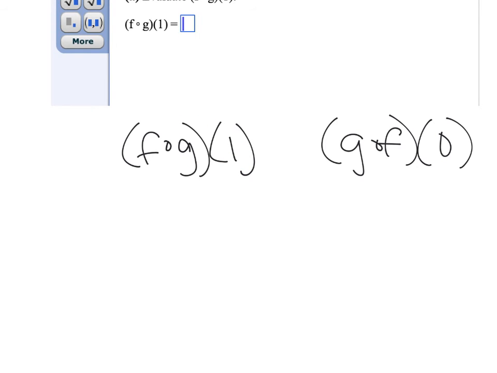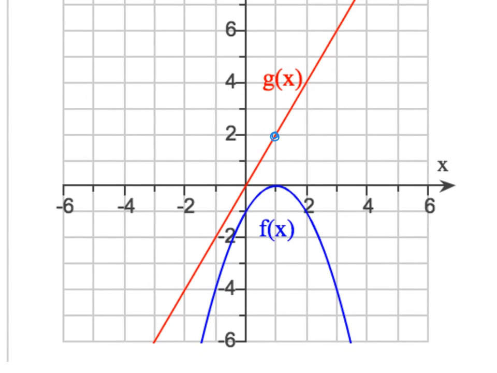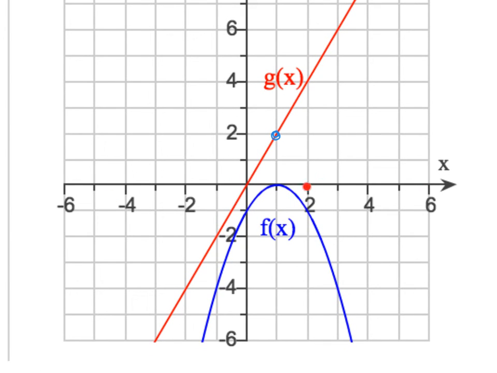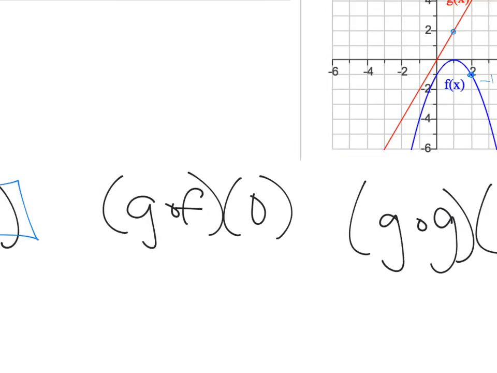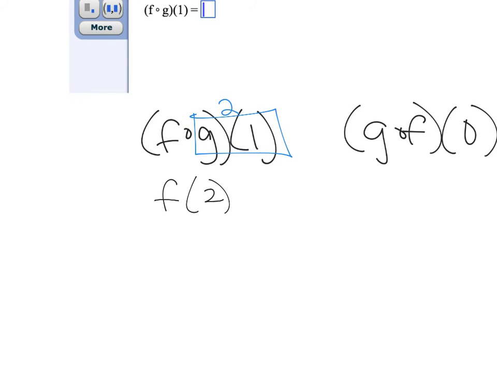Now what is f of 2? We go back to the f line, look for 2, and the f value is right there at -1. So our answer is -1.